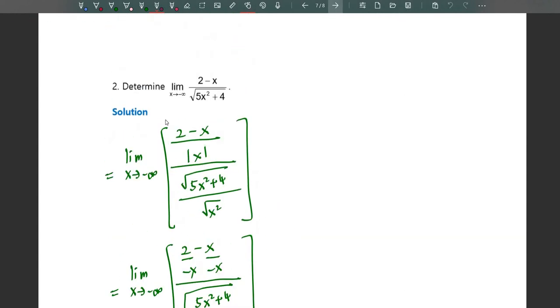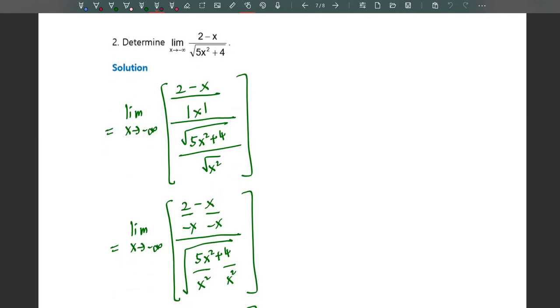Next example. Right now we'll be looking at negative infinity. Here what we have is limit of 2 minus x over root of 5x squared plus 4 when x approaches negative infinity. The highest power in the denominator is actually x squared, but it is in root, which can be written as this.